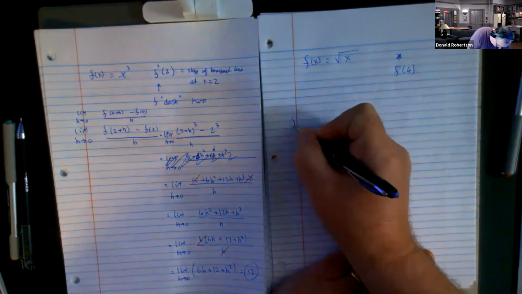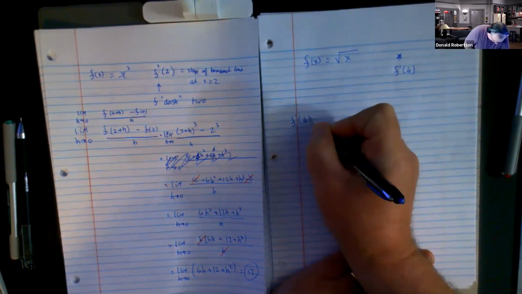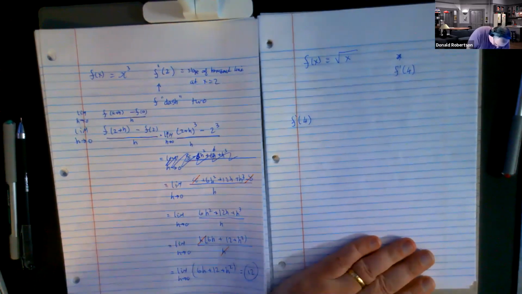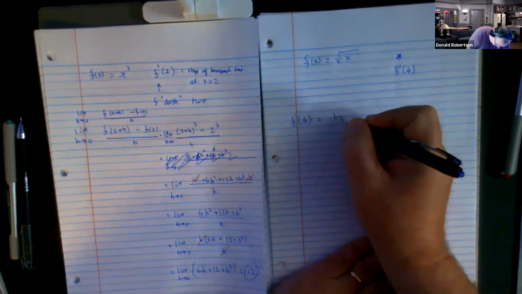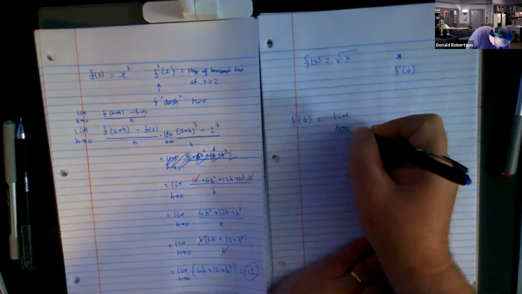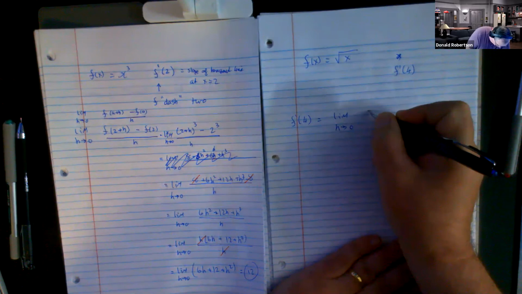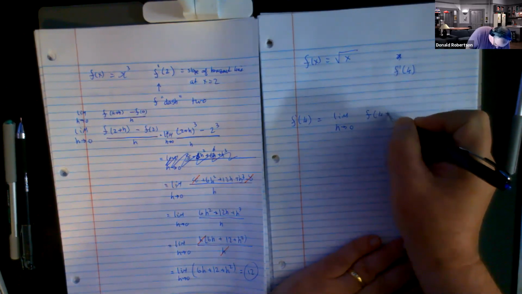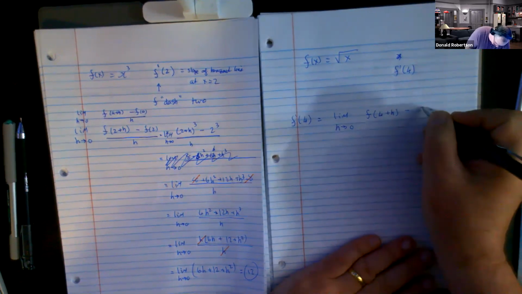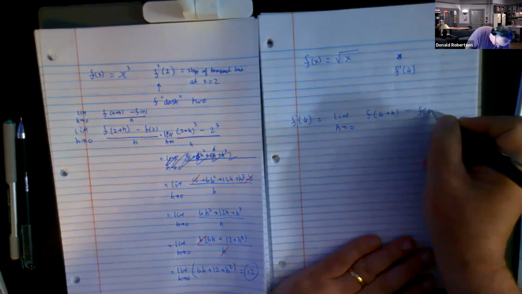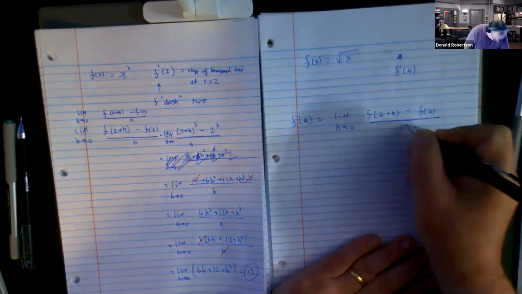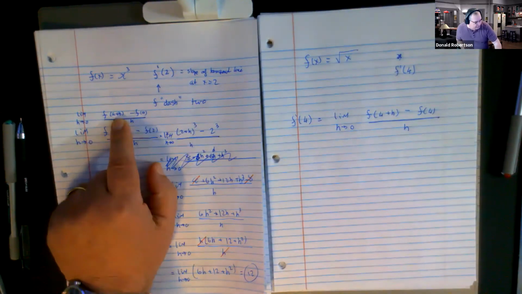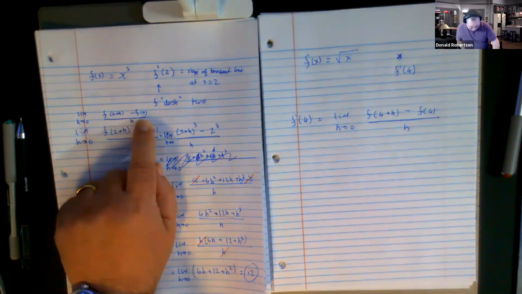So f dashed of 4, the exact value for the slope of the tangent line at 4, is going to be the limit as h tends to 0 of f of 4 plus h, take away f of 4, all over h. We're happy about this guy with 4 instead of a, right?